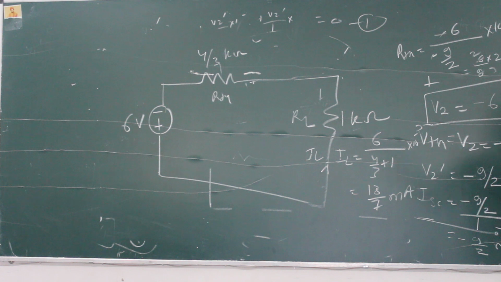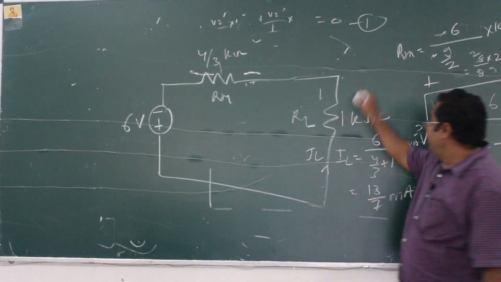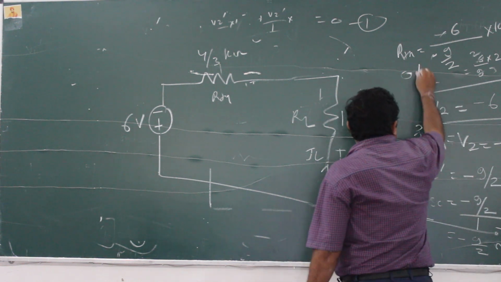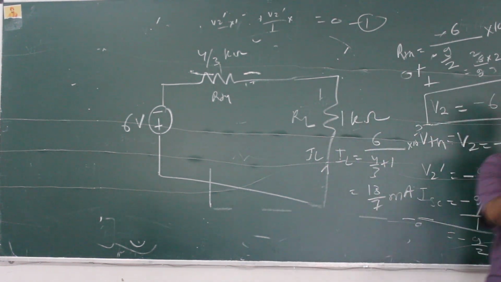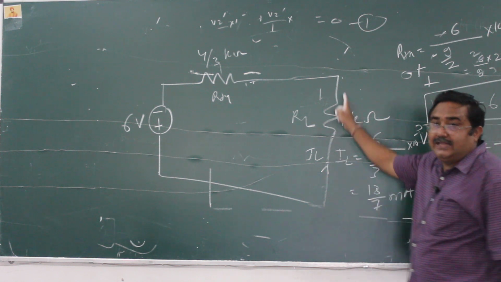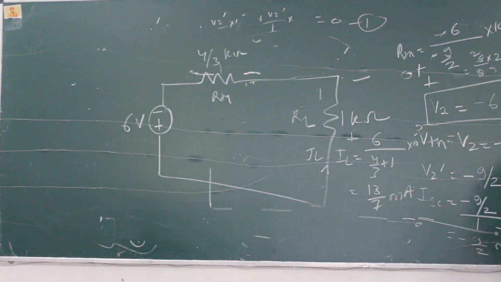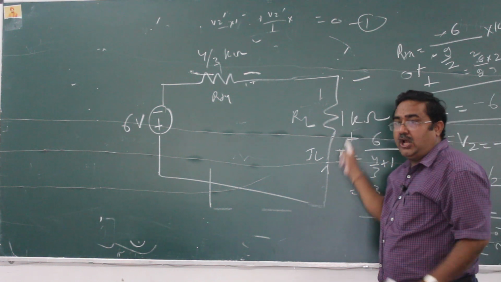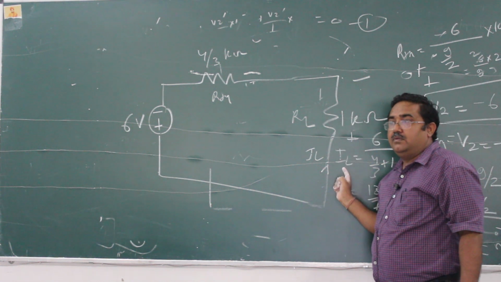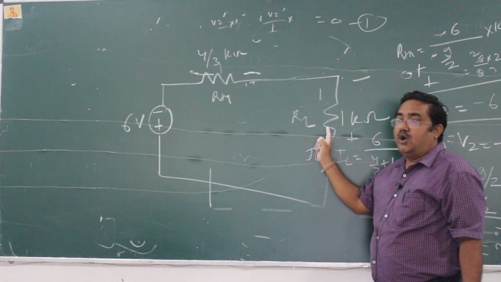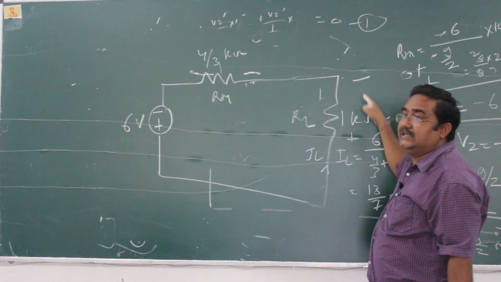But what was your objective? V naught. Now this current is flowing in this direction. Your V naught is defined with this plus sign and this minus. Is it clear or not? But your current is flowing like this, so this became plus and this became minus. So whatever is V naught, just reverse its sign. V naught is the drop across 1 kilo ohm, but the current flows in the opposite direction, so this will become plus and this minus.